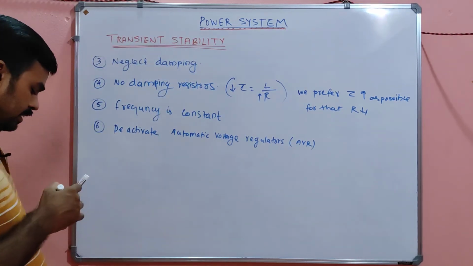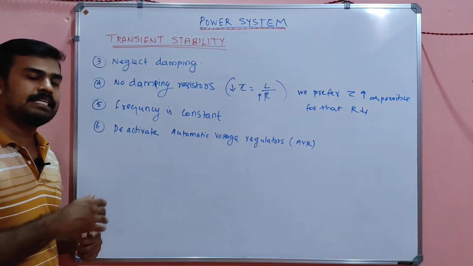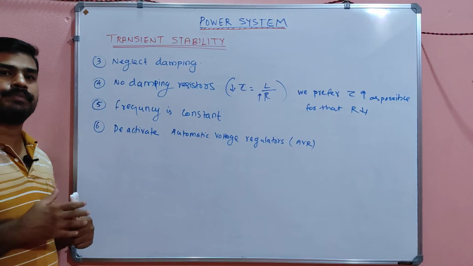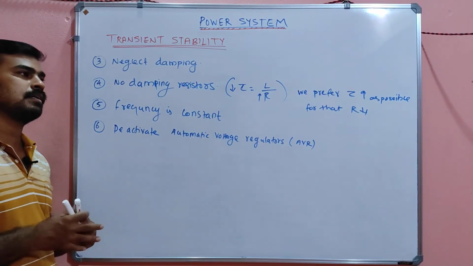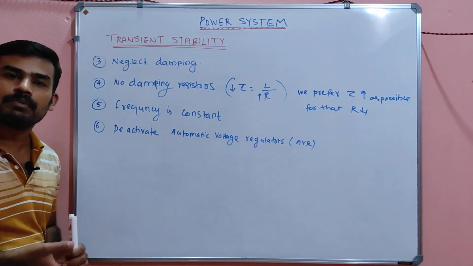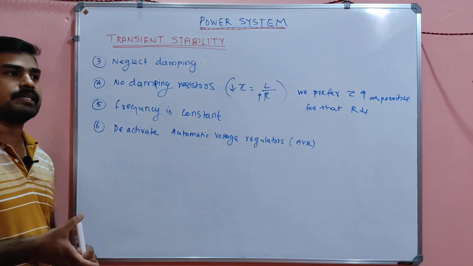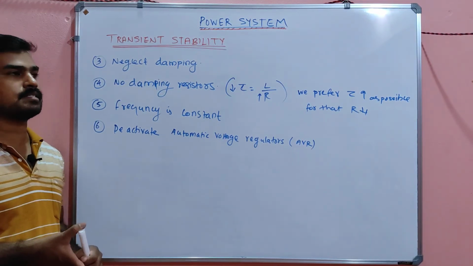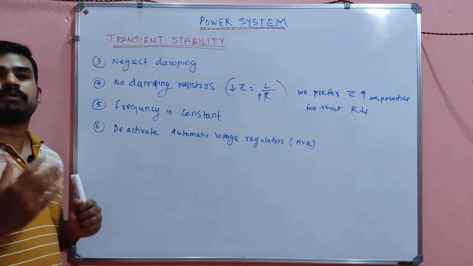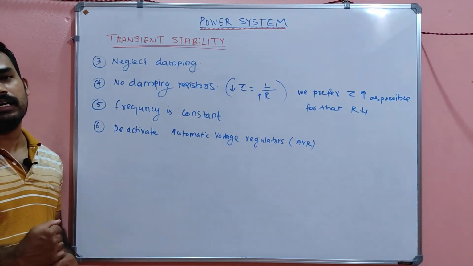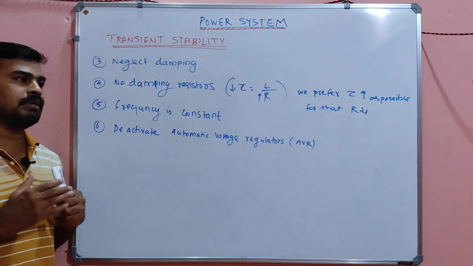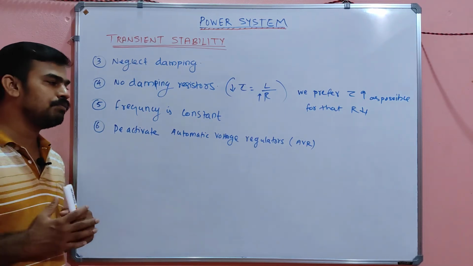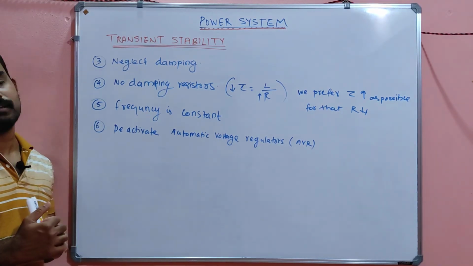So what does it mean, my dear? Automatic voltage regulators are there in the system in order to regulate the voltage. In the transmission line there are so many factors which reduce the voltage, so the voltage profile should be maintained in a very good manner. To maintain the voltage profile, normally we use an automatic voltage regulator.